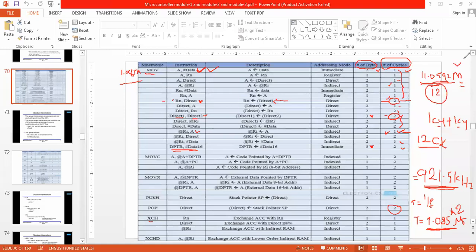That is nothing but 921.5 kilohertz, which means 1.085 microseconds to execute one simple instruction. If it is a complex instruction taking 2 machine cycles, then it is one machine cycle into 2. Understood? Right.